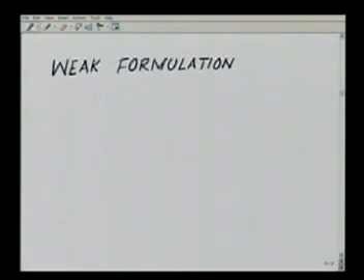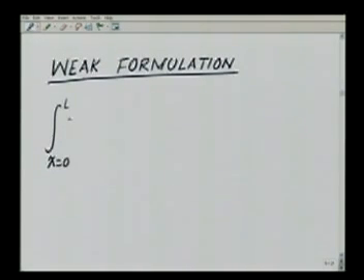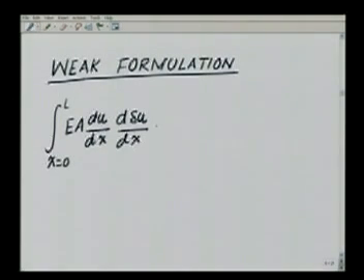Question is, why do we call it a weak formulation? It is called a weak formulation because if you look at the first integral on the left hand side, here we have taken one of the derivatives from u and transferred it to delta u, or the w that we had taken earlier.